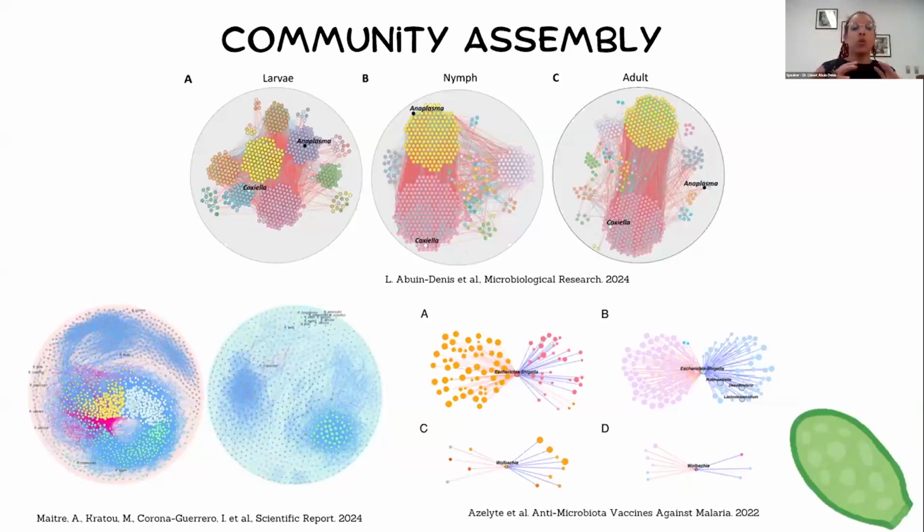In that case, we focus our visualization exclusively on the modules, the small communities that form the general tick microbiota. We can see how from more fragmented communities, they become a larger, bigger module. In another type of visualization, we can represent only nodes. We can see on the right.